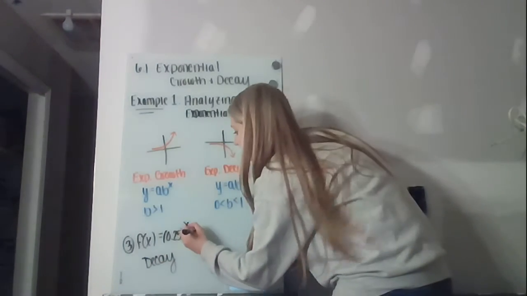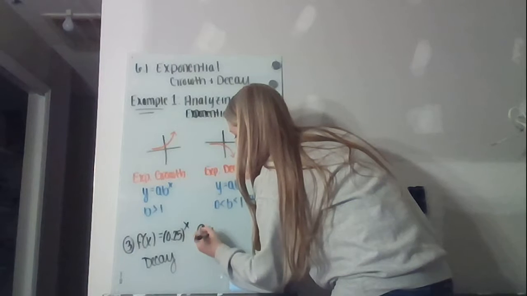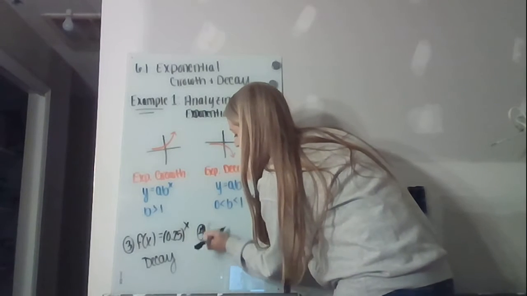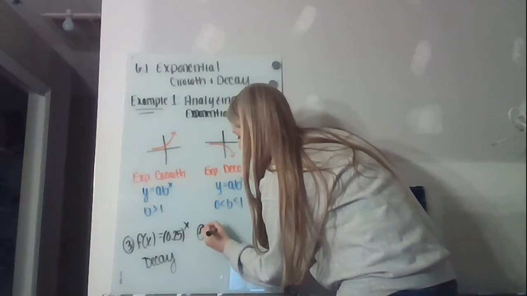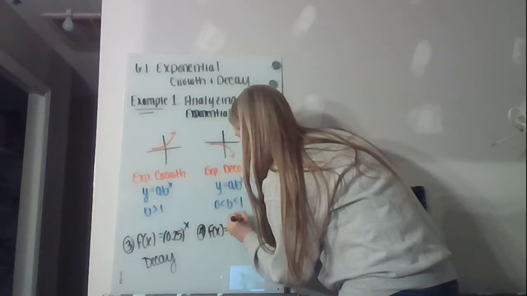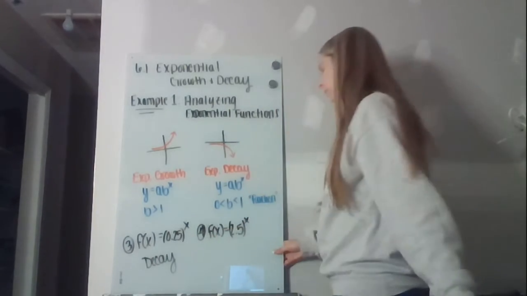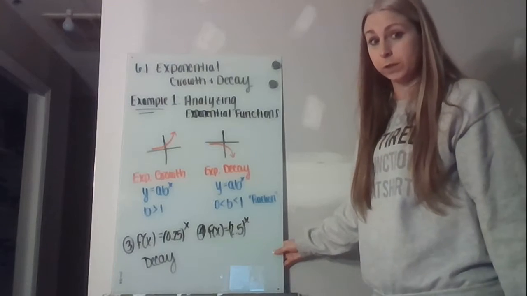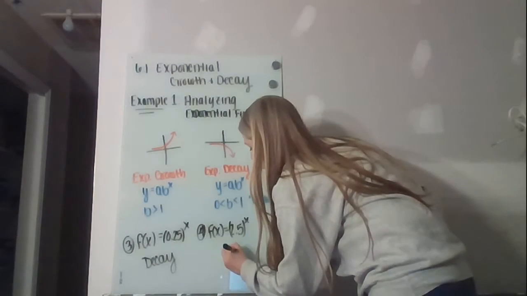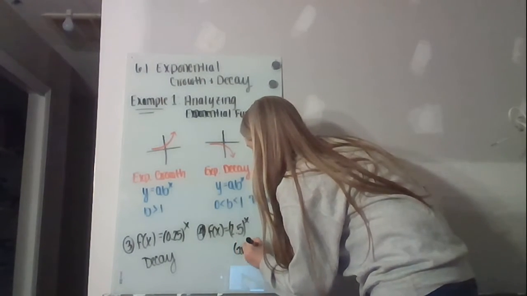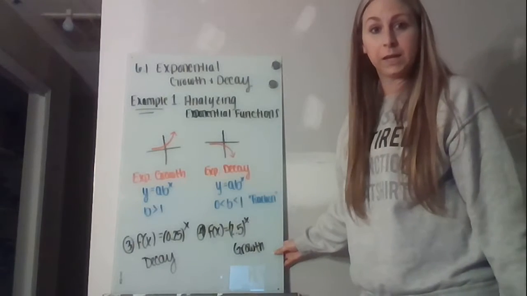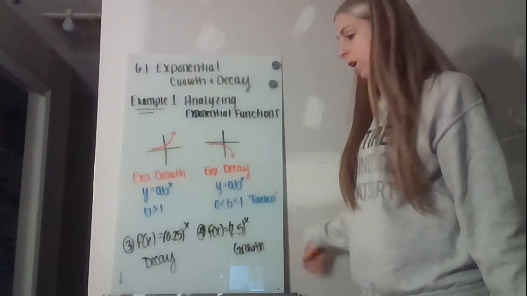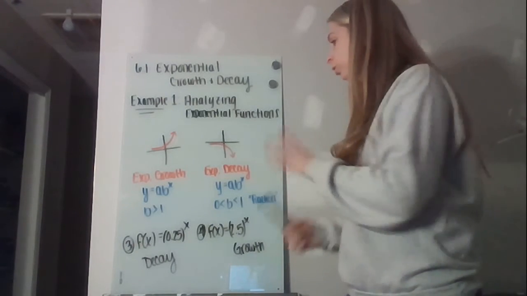And last but not least, we have, let's use f of x again. 2.5 to the x. So 2.5 is a decimal, but it's greater than 1. So it's growth.